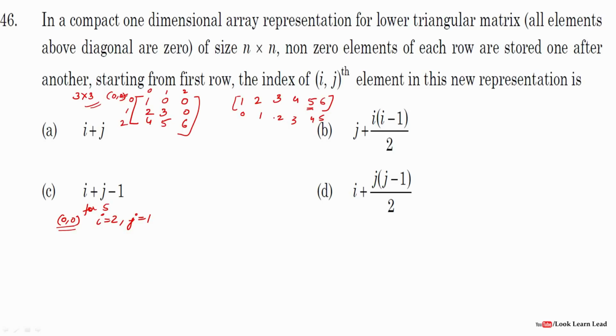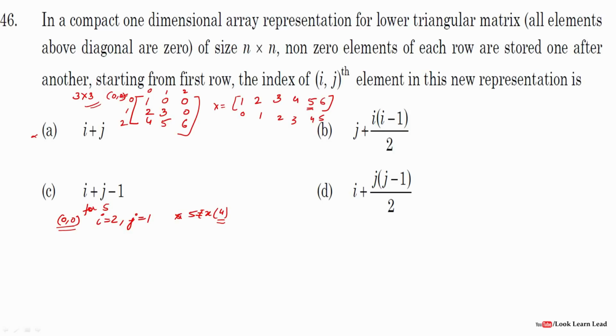Let this array be x. In this array, x of 5 is x of 4, that is, if we put 2 and 1 in any of these, the answer should be 4. Okay, 2 plus 1 is 3, so A is not an option right now.